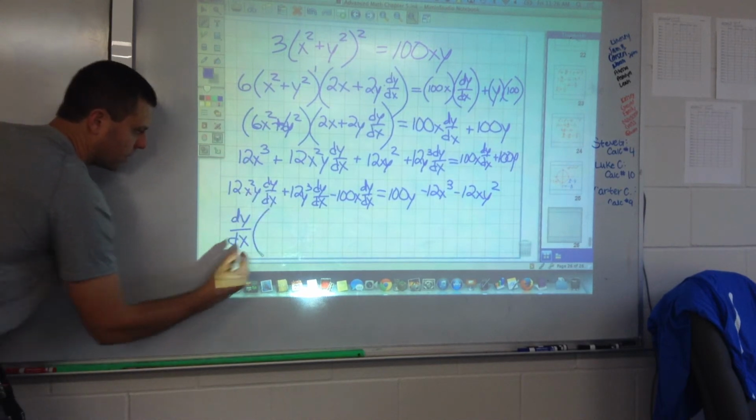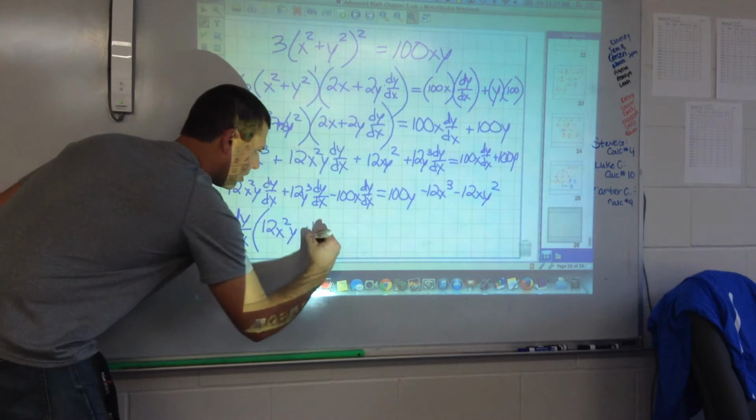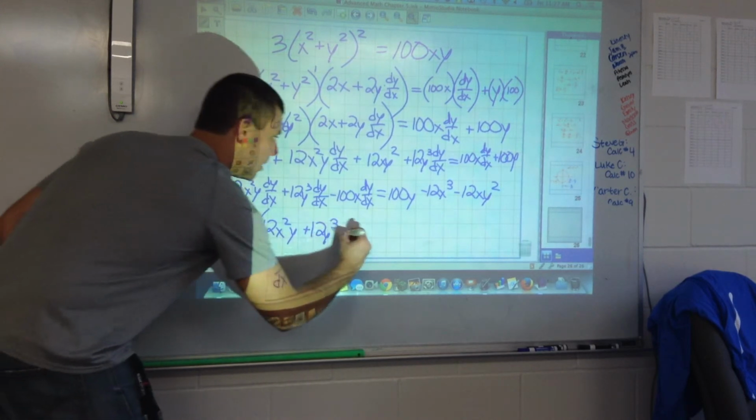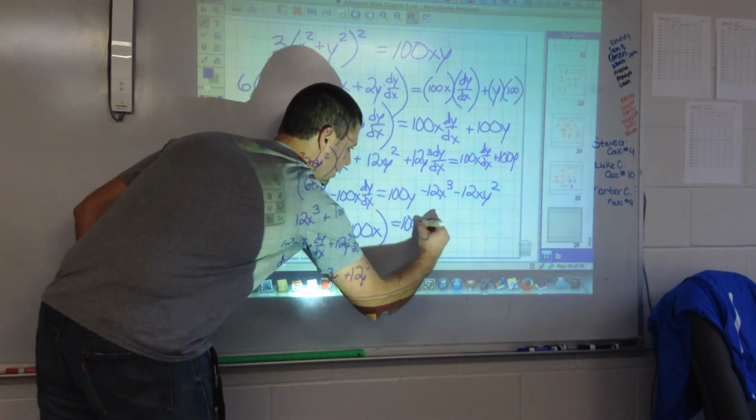If you factor out the dy dx, you still have 12x squared y plus 12y cubed minus 100x equals the other side.